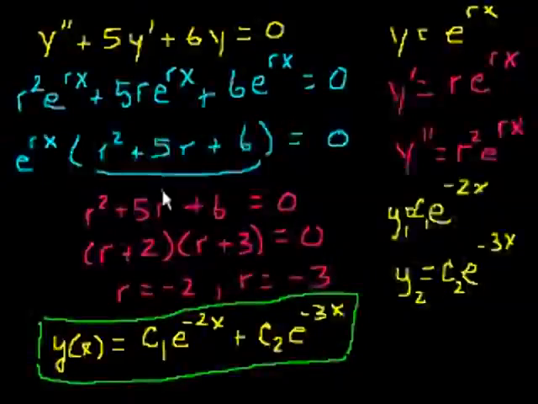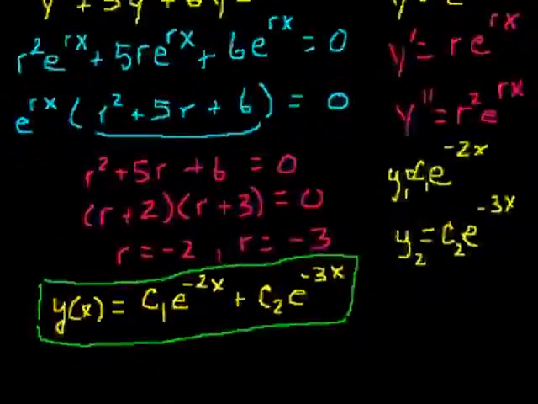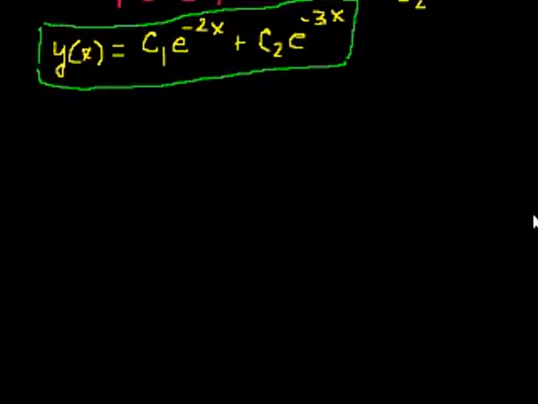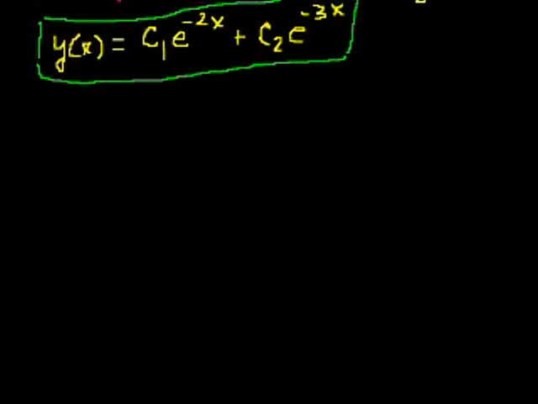But what if we don't want the general solution, we want to find the particular solution? Well, then we need initial conditions. So let's do this differential equation with some initial conditions. We have the solution that we figured out in the last video. Let me rewrite the differential equation: the second derivative plus 5 times the first derivative plus 6 times the function is equal to 0.